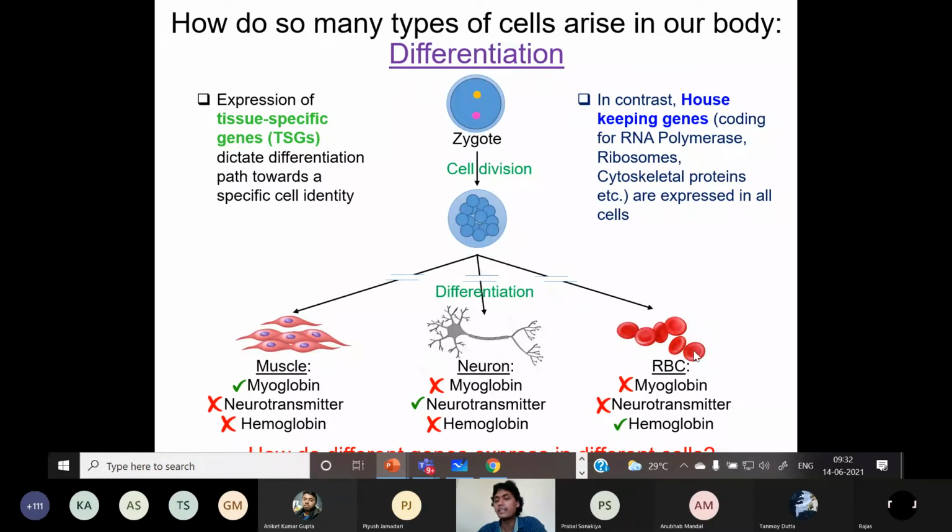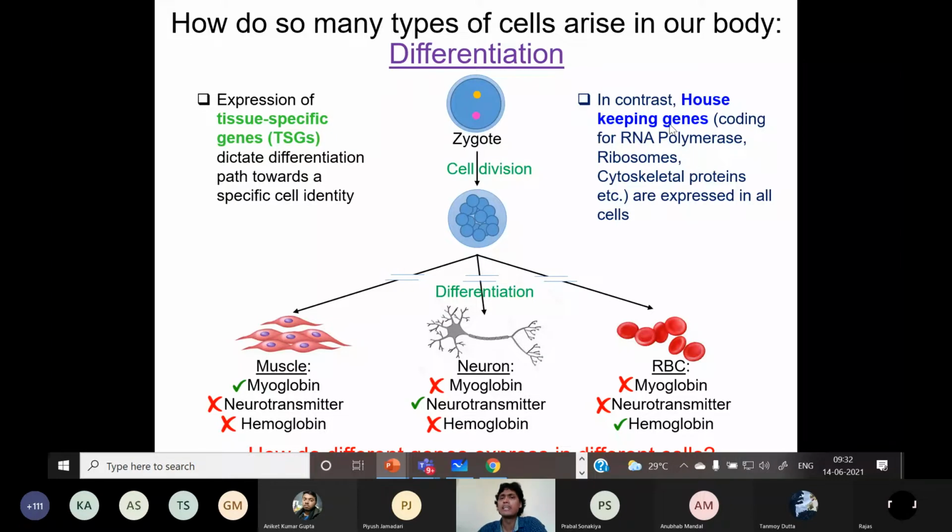On the contrary, in RBC or red blood cell, they should have hemoglobin so that they carry oxygen that can reach different parts of our body. Now the question is how this differentiation happens, how these different function cells are acquired. That I would like to discuss in the next slide in a brief manner.